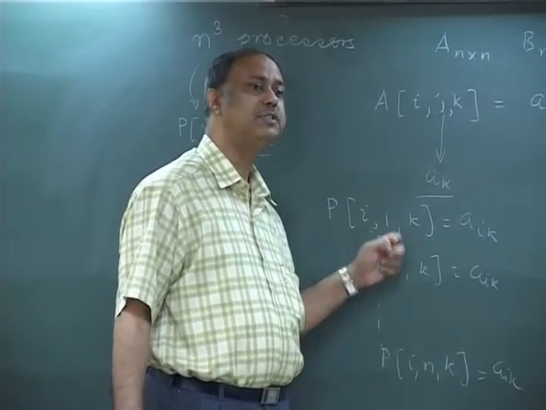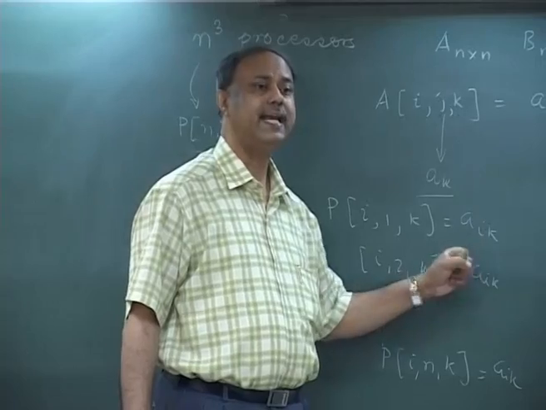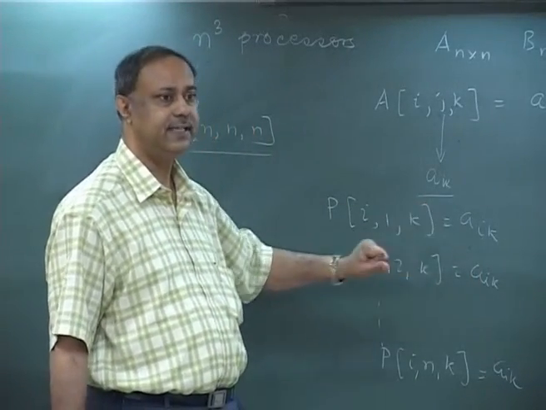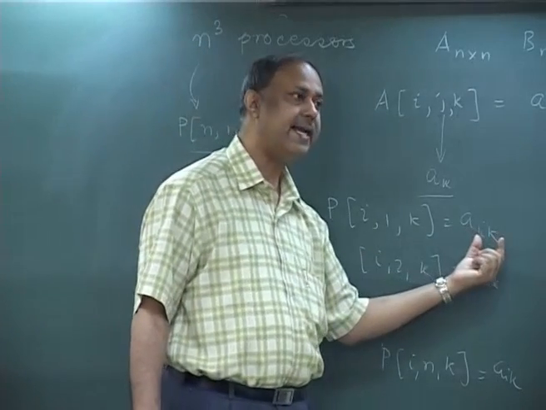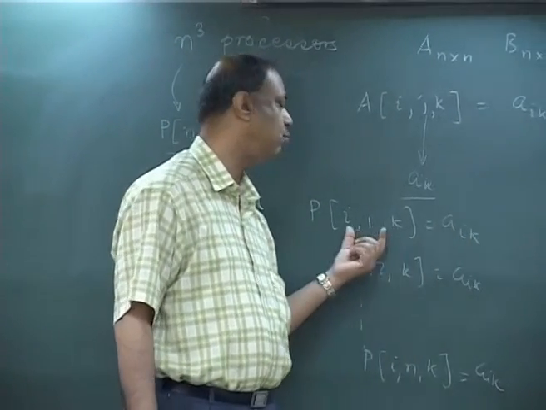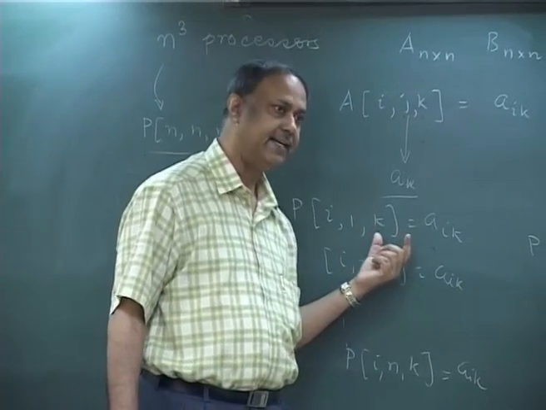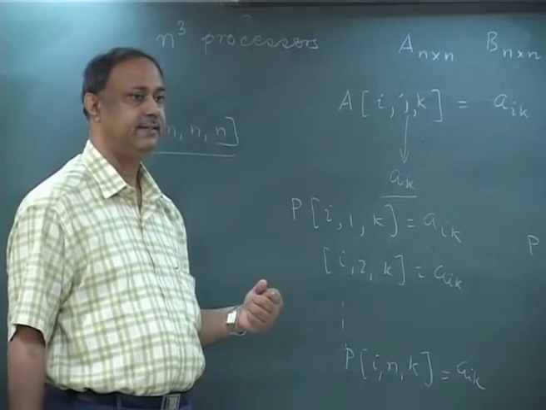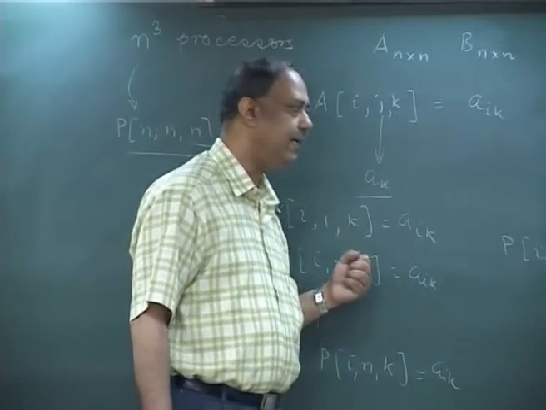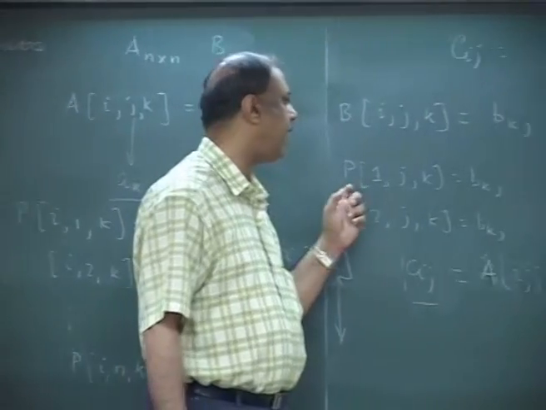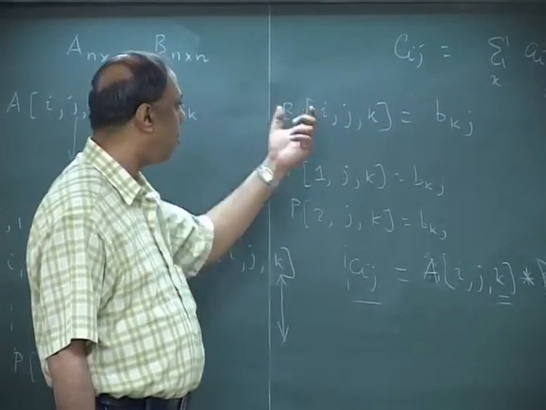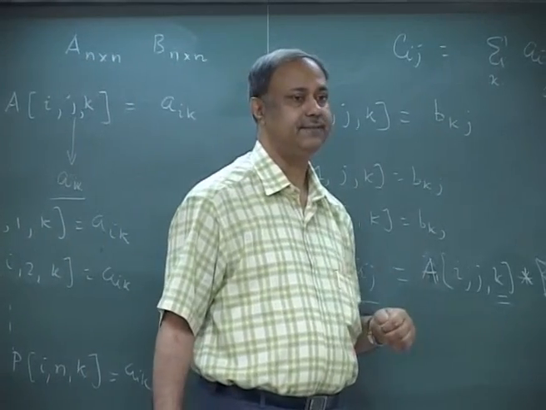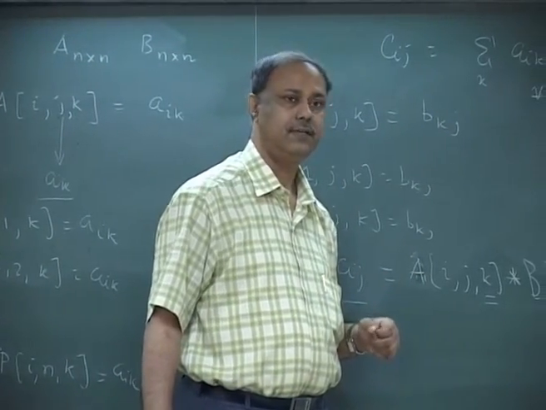So Aij, for all values of j, it contains Aik. How we will be doing that is implementation details. So Aik has been sent to all Aijk of Pijk for different j. Similarly, Pijk for all i, there is a Bij which contains Bkj, right?